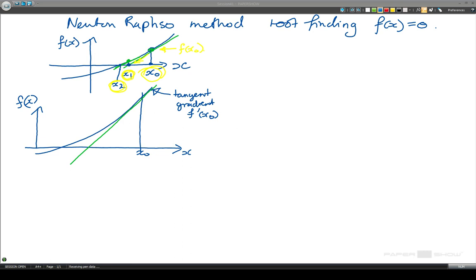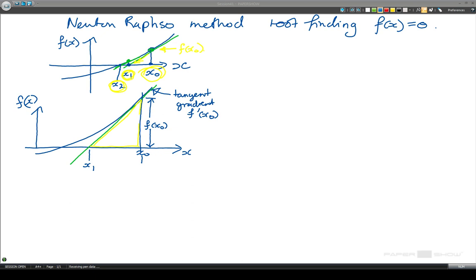So now if we look at this triangle here, now the height, this height here is f of x0. This length here, well, this is our next guess, which is x1.